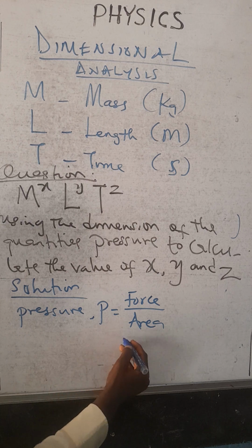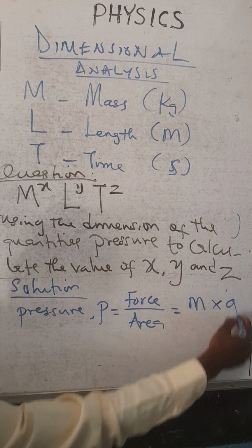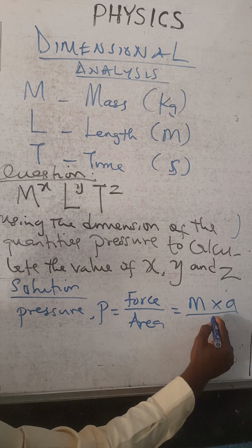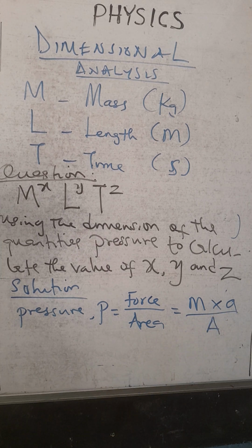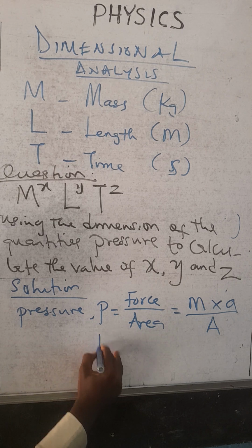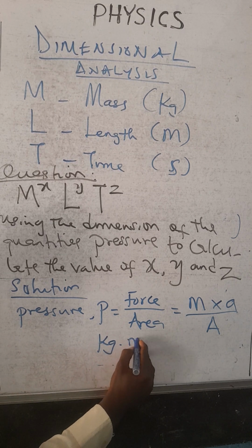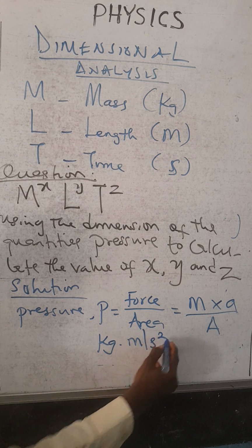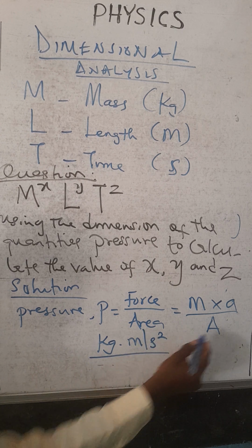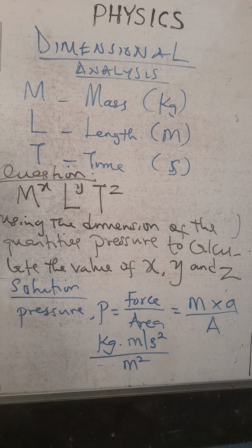And you know that force is mass times acceleration, then area down. Your mass is measured in kilogram. Your acceleration is your meter per second squared. Then your area is your meter squared. Now, how do we go about this?